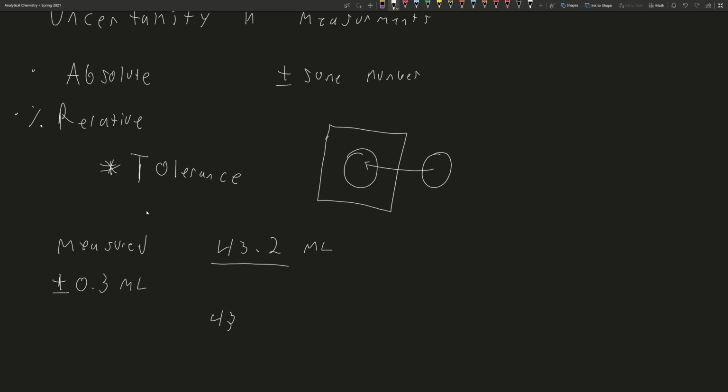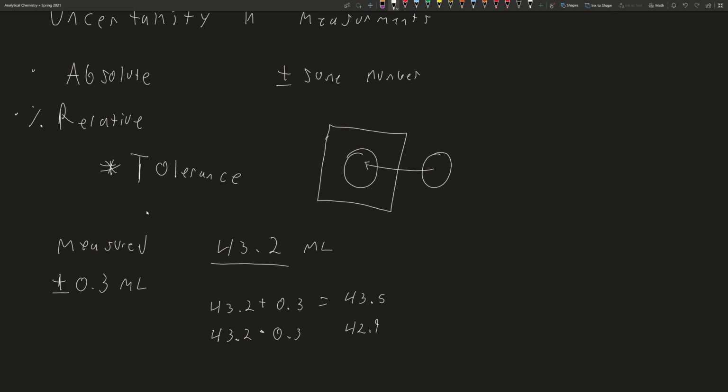So 43.2 plus 0.3, and 43.2 minus 0.3. This gives us 43.5 and 42.9.